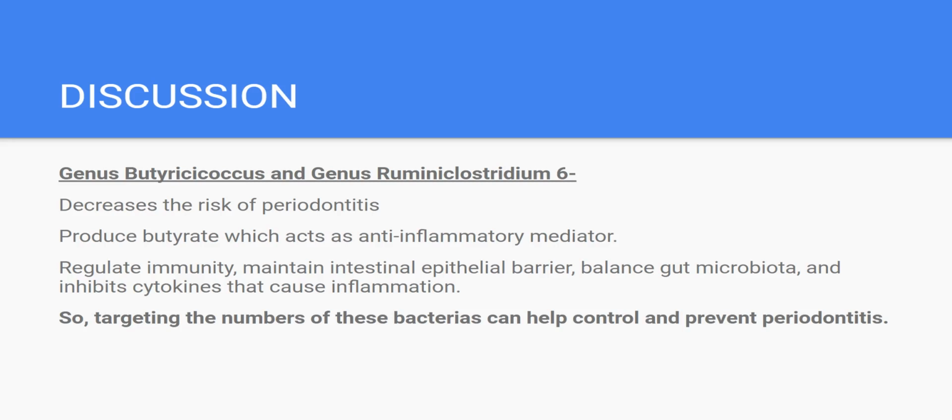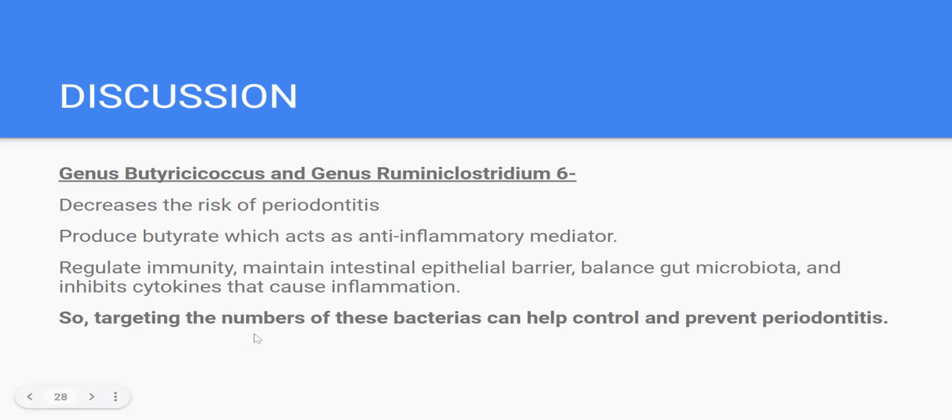So they are actually cutting off the inflammation, and they regulate the immunity, maintain the intestinal epithelial barrier, balance the gut microbiota, and inhibit the cytokines, because the cytokines are like the source of inflammation. So they inhibit the cytokines, and they inhibit the inflammation as well.